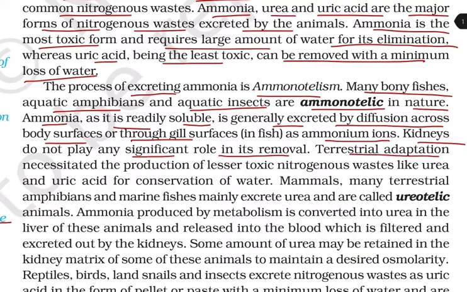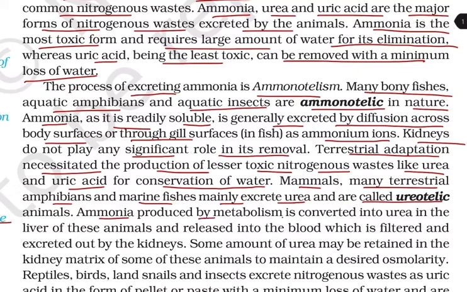Terrestrial adaptation necessitated the production of less toxic nitrogenous wastes like urea and uric acid for the conservation of water. Mammals, many terrestrial amphibians, and marine fishes mainly excrete urea and are called ureotelic animals.